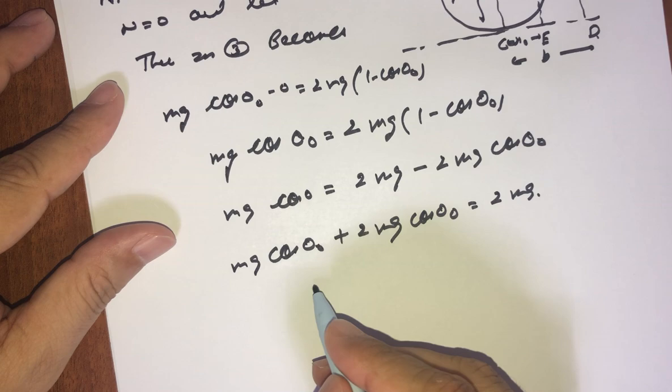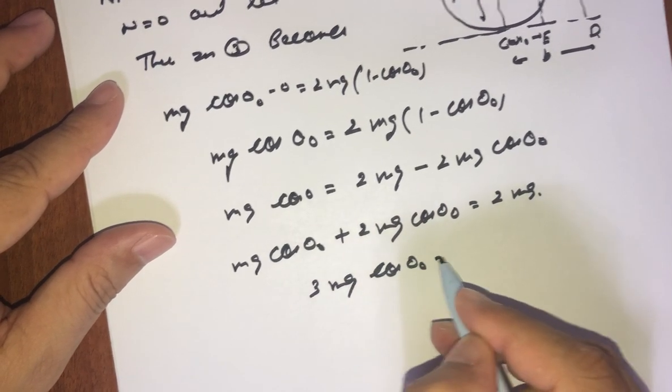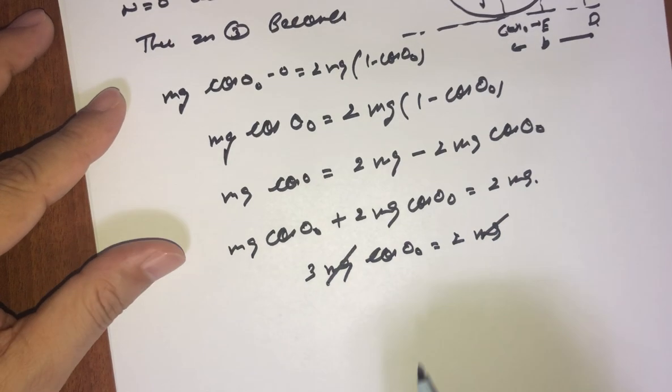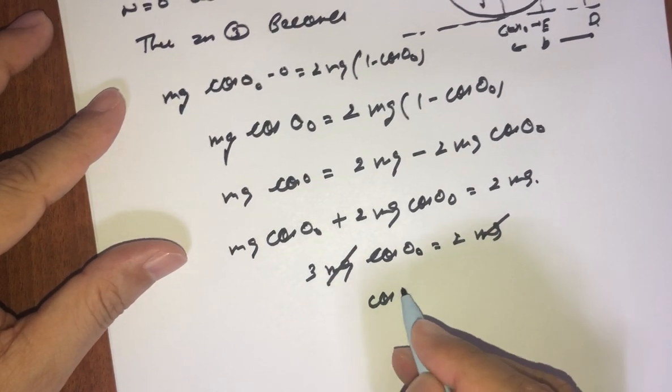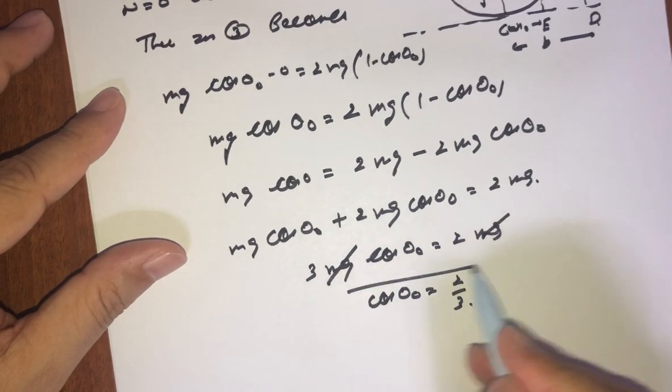So this becomes 3mg cos of theta naught is equal to 2mg. mg cancels out with mg and we get cos of theta naught is equal to 2/3.